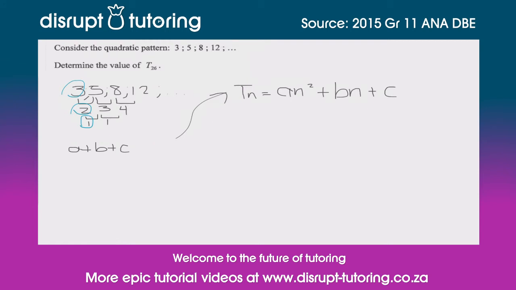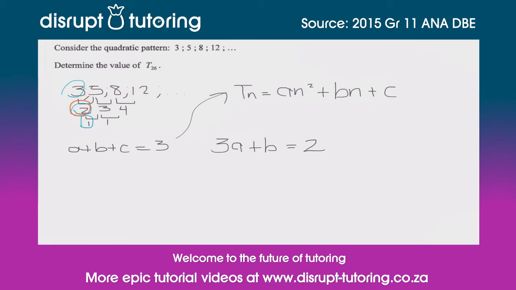So with that in mind, a plus b plus c is equal to 3, so that's the first term of the pattern. Then we know that 3a plus b is equal to the first term of the first difference sequence, so that's going to be the 2.